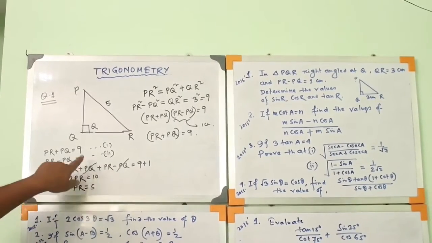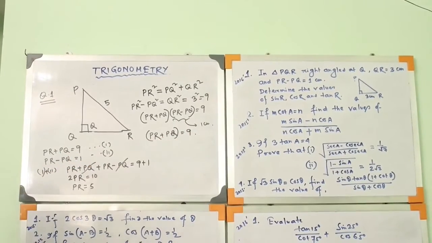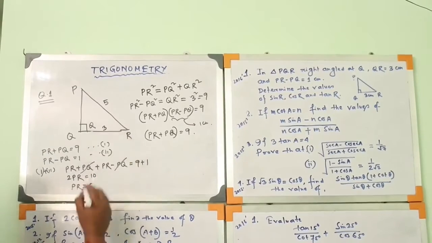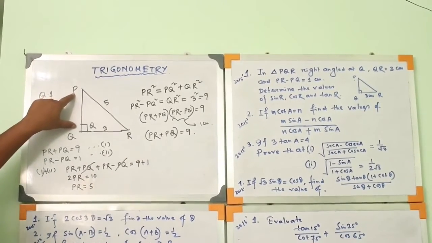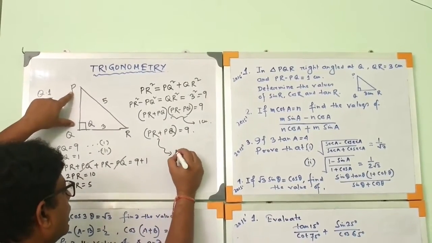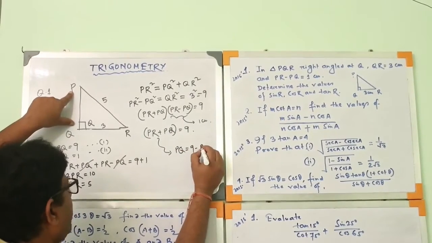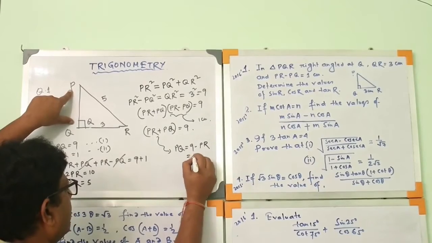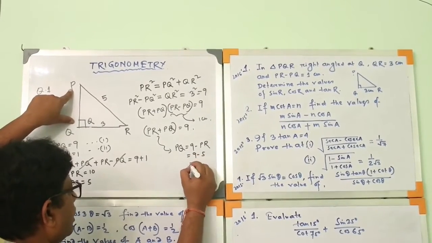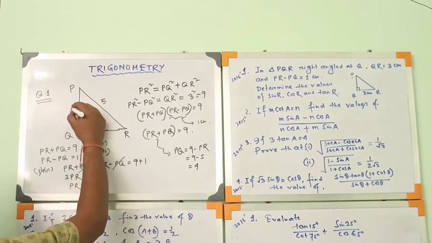What will be the value of QR? This is already given, 3. What will be the value of PQ? PQ is equal to, from this equation, 9 minus PR. That means 9 minus 5, that is equal to 4. So this is 4.